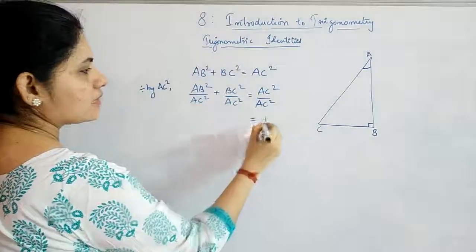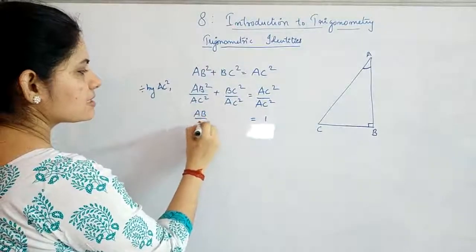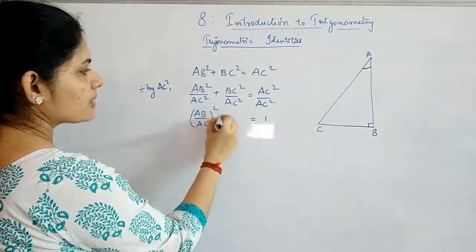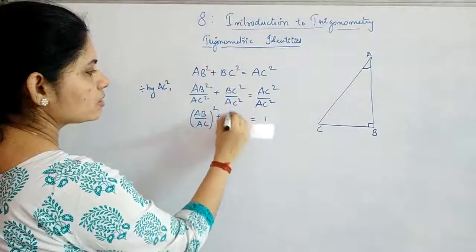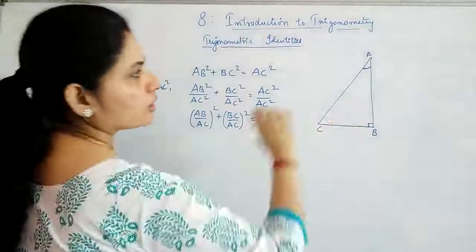That means right hand side will become 1. This can be written as AB by AC the whole square plus BC by AC the whole square is equal to 1.